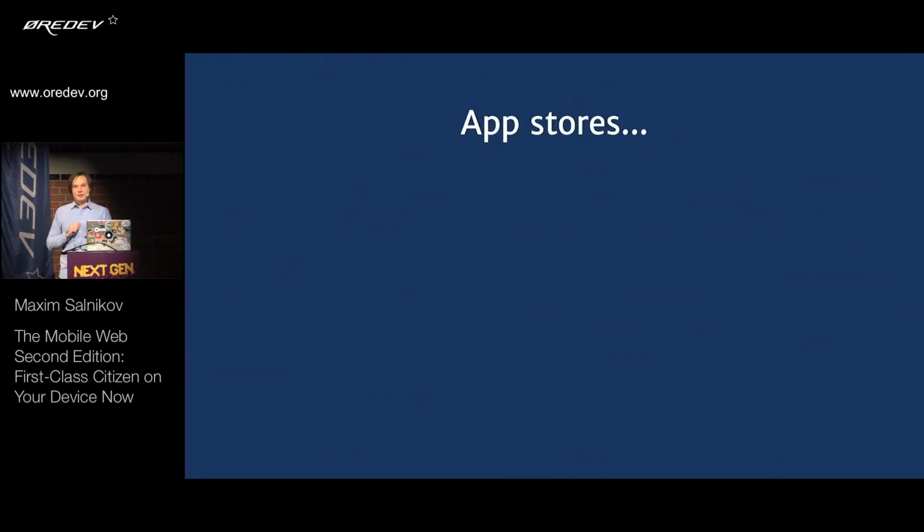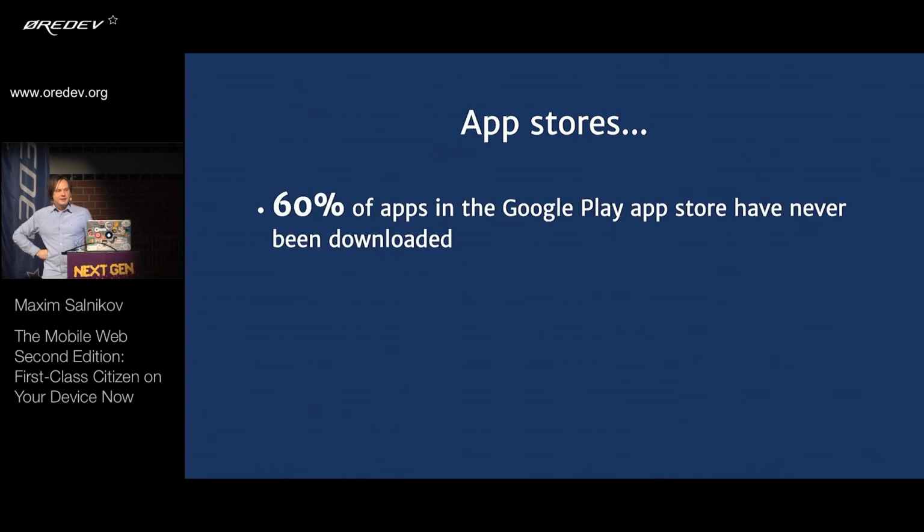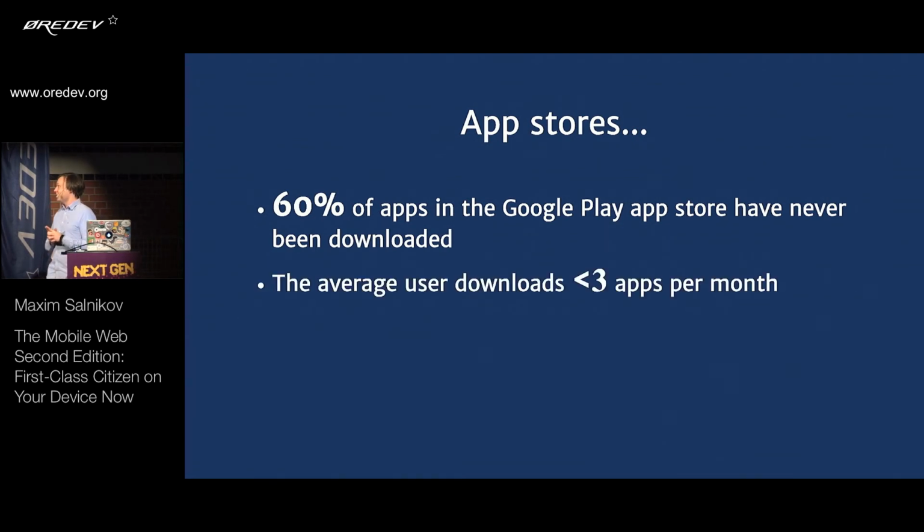We can continue with some bad numbers for app stores, which means for the native approach. These app stores are full of never used applications, especially Google Play. It's just a really ridiculous number. And downloads go slower and slower each month.